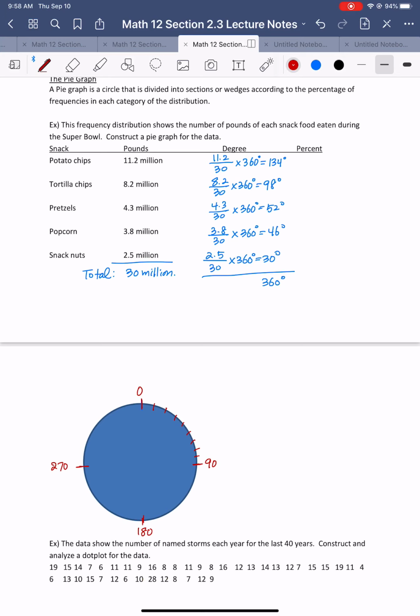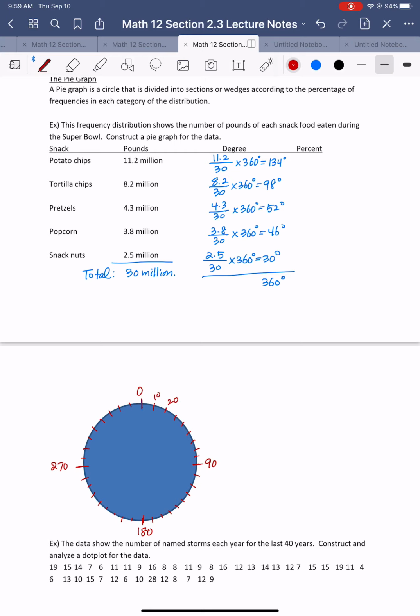Same thing each time. Which means each one is 10. So this is 10, 20, like this.